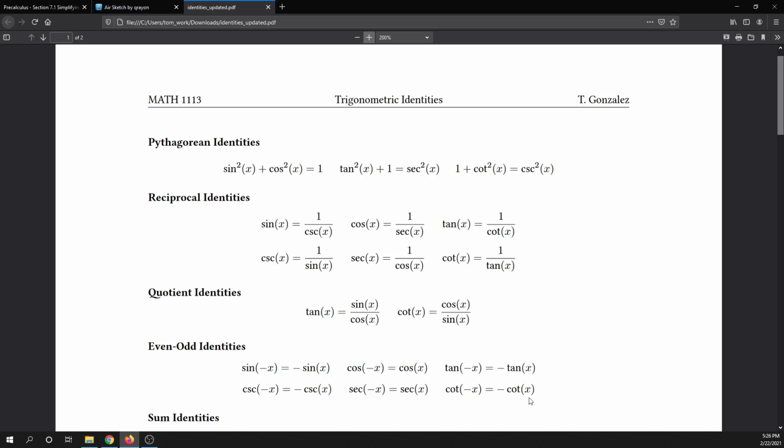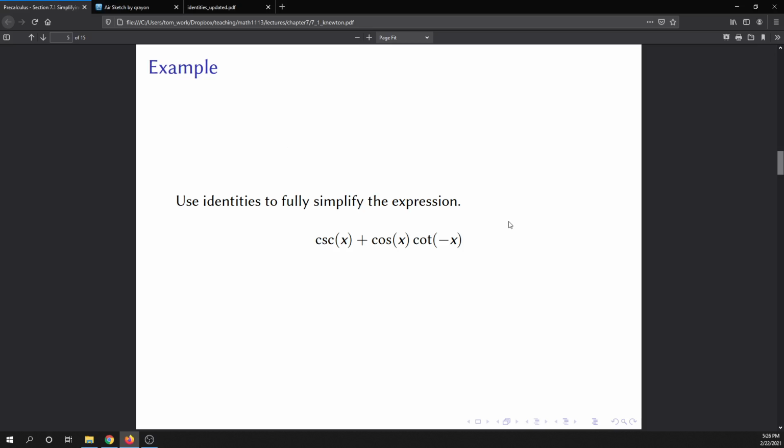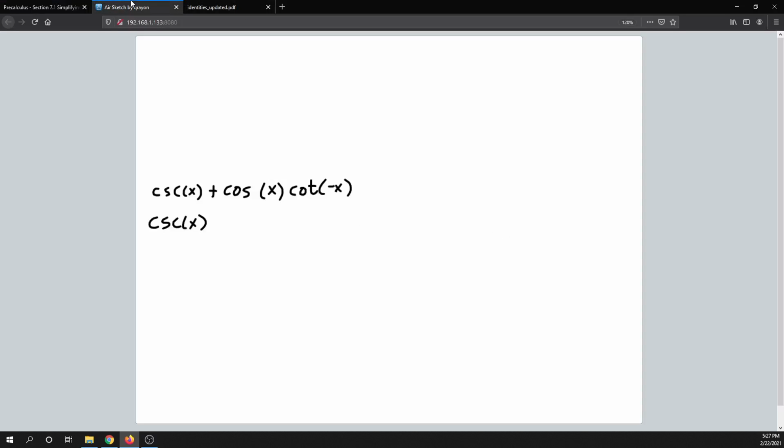That is equal to the opposite of cotangent of x. So using that identity, this can be rewritten as the opposite of the cotangent of x.